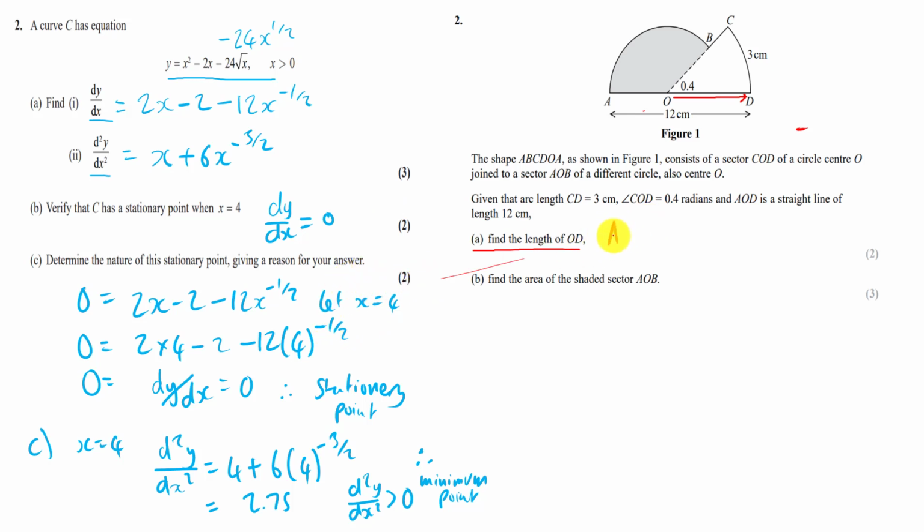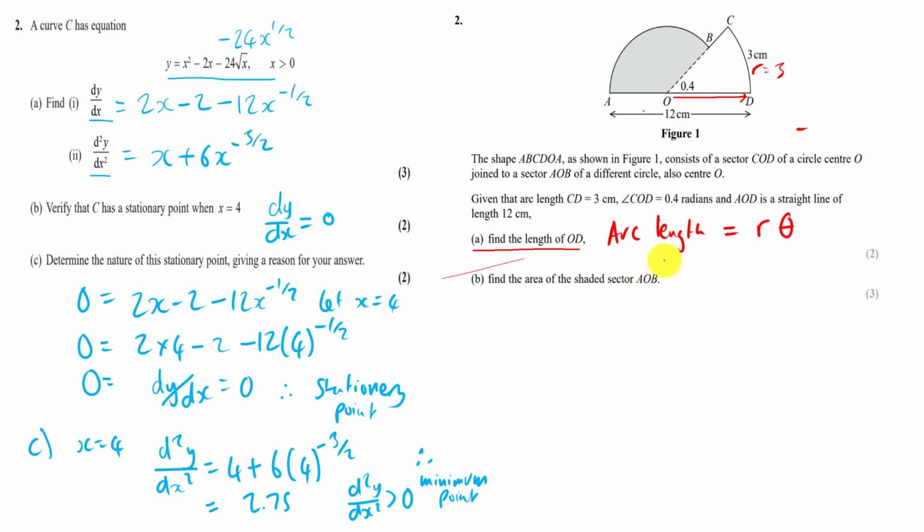So the arc length equals the radius times theta. Now we know the radius r equals 3, and arc length CD equals 3, and AOD is 12.